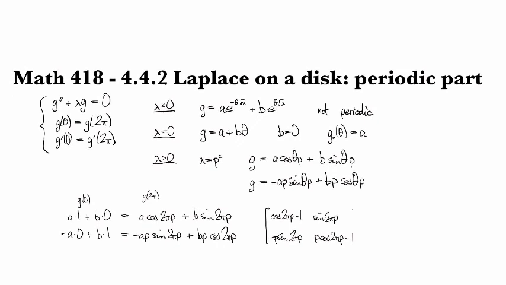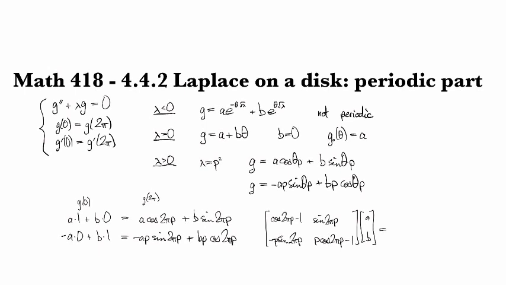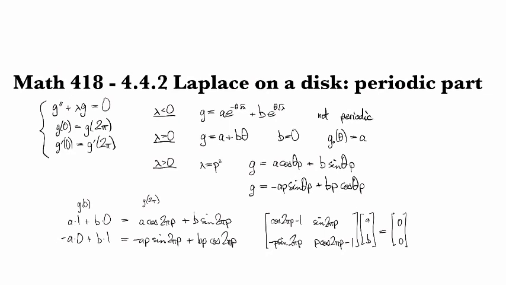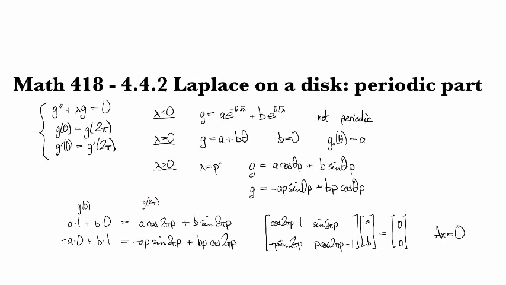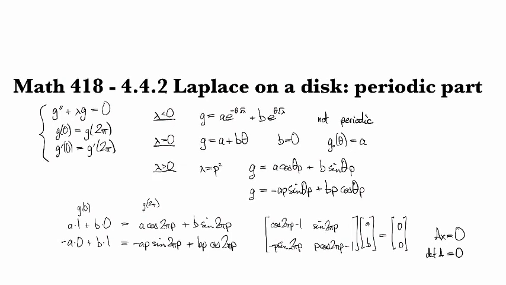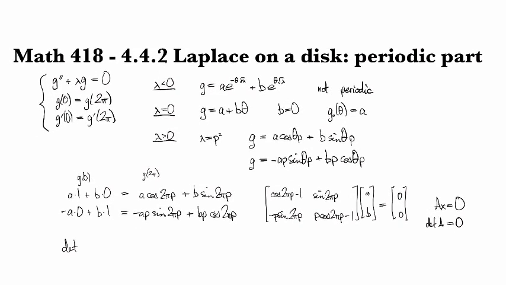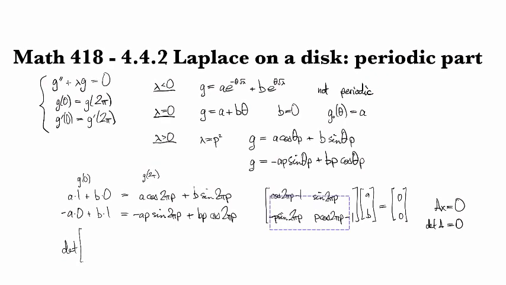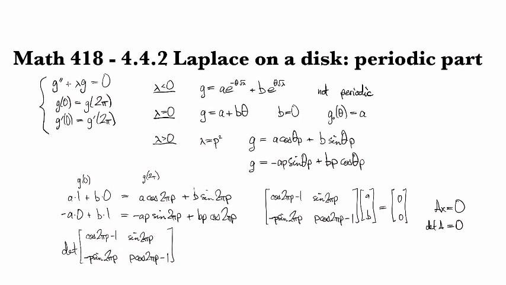The system looks like this matrix multiplied against a, b, and the right side is 0. So we've got a homogeneous system, Ax equals 0, and the only way that can have a non-trivial solution is when the determinant of A is equal to 0. So let's take the determinant of this matrix.